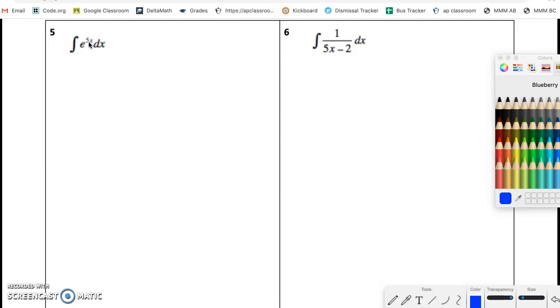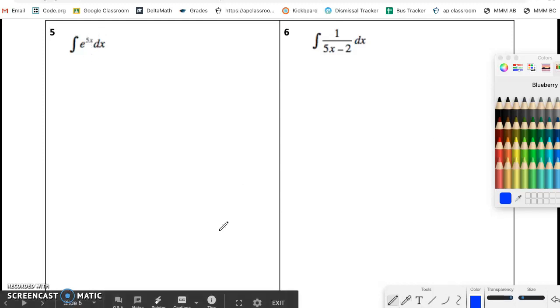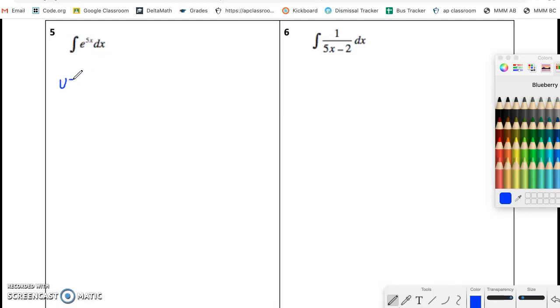So our exponent in this case is going to be our u. So our u equals 5x, and our du is just going to be 5 dx.